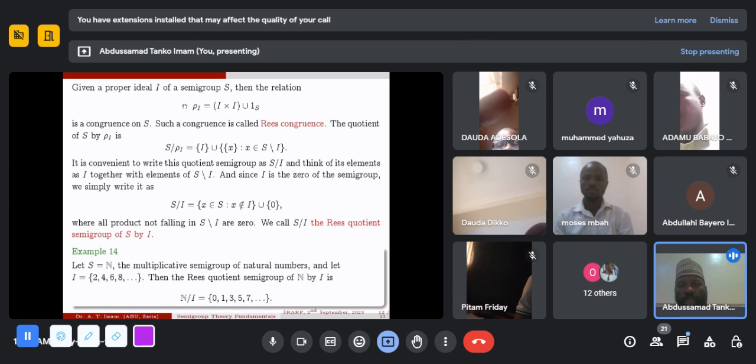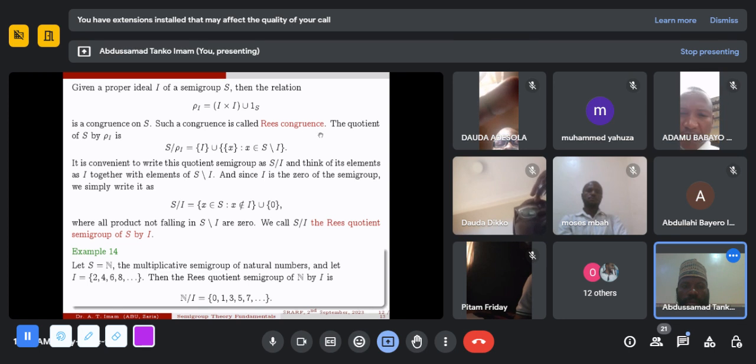So any congruence that is defined in this way via an ideal, where two elements are related if they belong to the ideal, and other members not in the ideal are just singletons related to only themselves, is called a Rees congruence.